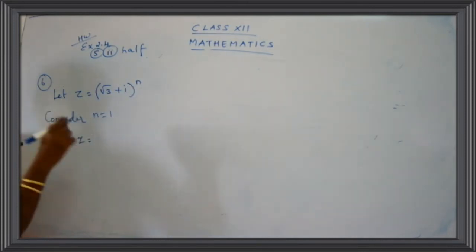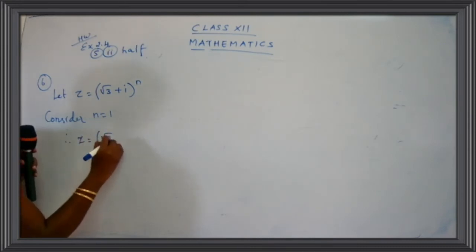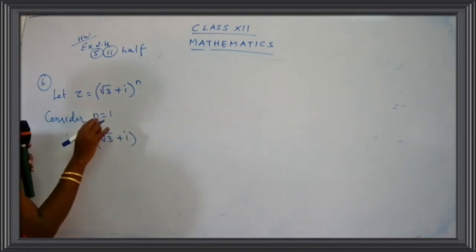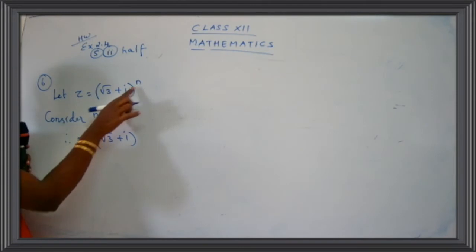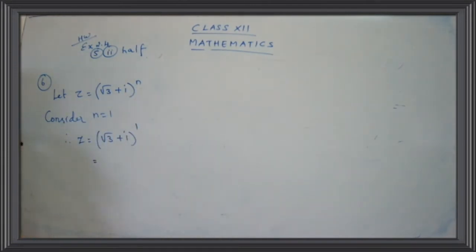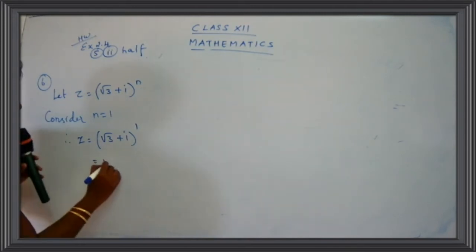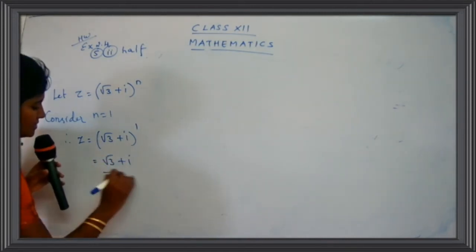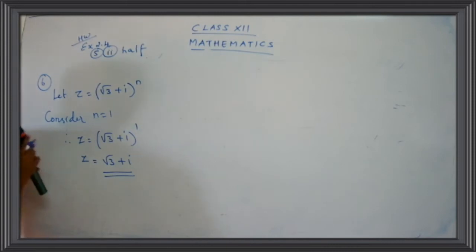So root 3 plus i whole raised to n. In place of n, what you will get? 1. Anything raised to 1 is the same answer. That's root 3 plus i. So we have found the value for z when n is equal to 1.